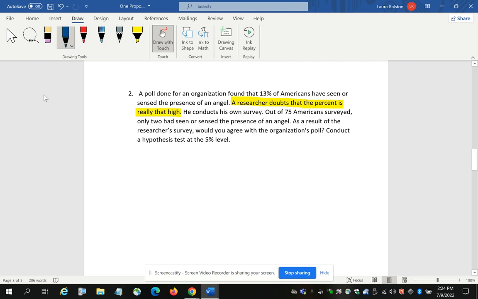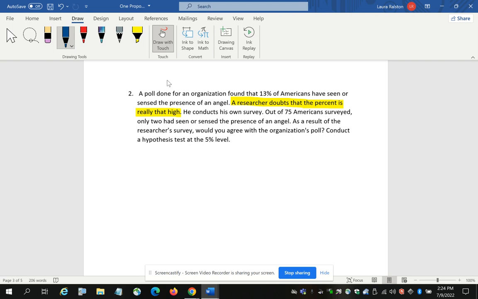Now, you may think it doesn't seem that obvious, but ultimately they're asking you, would you agree with the organization's poll when the organization is saying 13%? But the researcher doesn't think it's really that high. So the researcher doubts the percent is high.